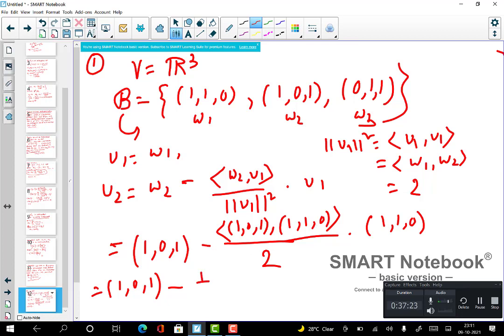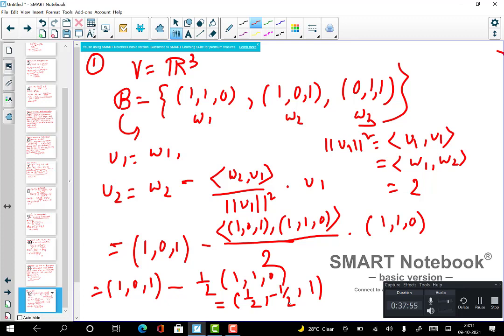So this is one half, times (1, 1, 0). Then what is the resultant vector? The first coordinate is half, the second is minus half, and the third coordinate is 0 minus... so 1. Is that okay?